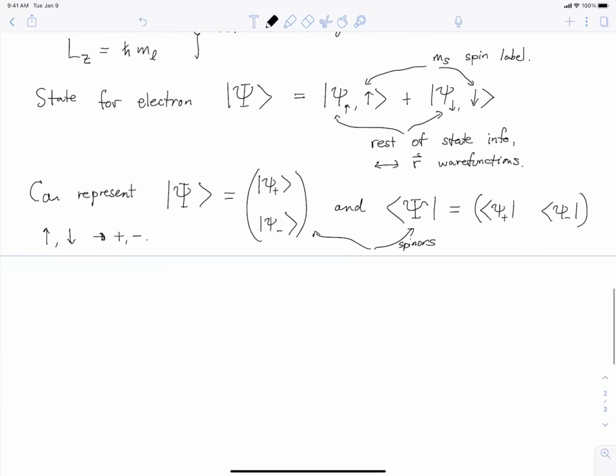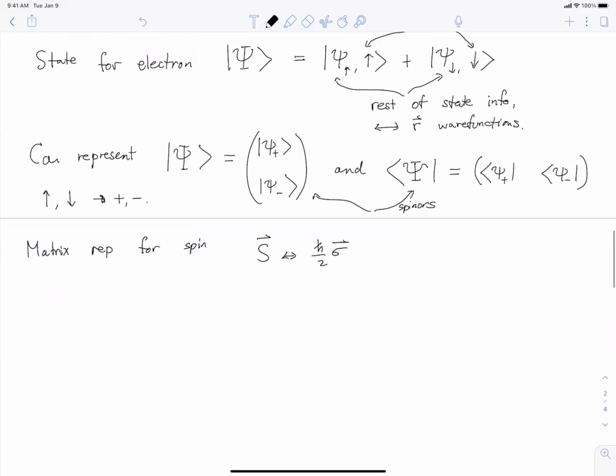One nice thing about writing them in this form is that then we have a matrix representation for spin, which is that S, the operator, is represented by h bar over 2 times the Pauli matrices, which form a vector.